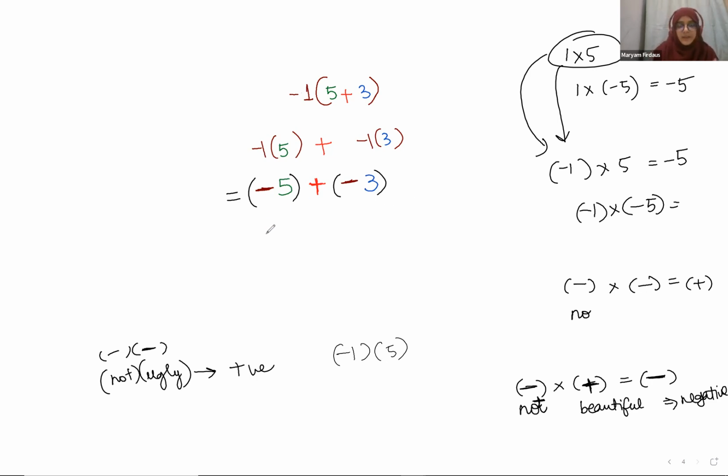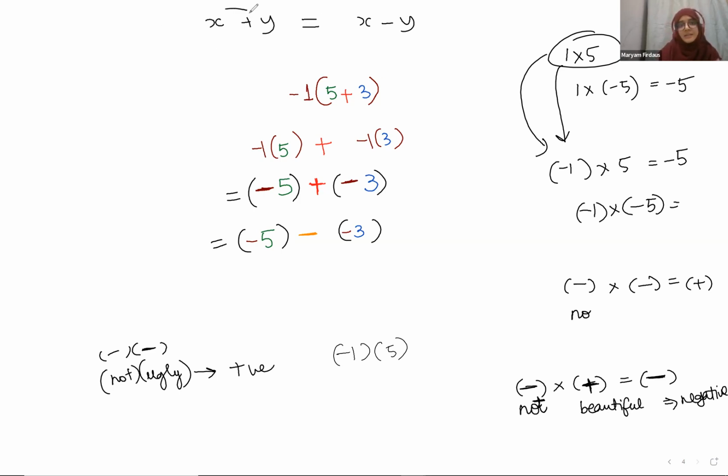So what you've done is minus 5 and minus 3, and this plus sign got changed to a minus sign. Is that correct? Yeah. But how did that happen? And are these two ever going to be the same? If I say x plus y, and if I say x minus y, can I replace these two with each other?